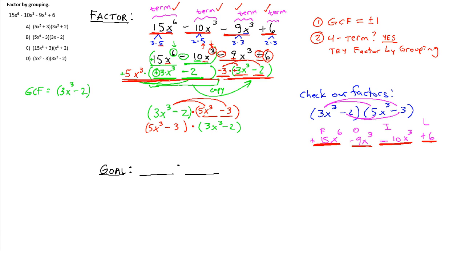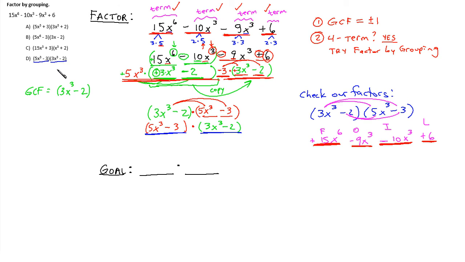So let's see which answers have our factors in them. Okay, we're looking for 5x cubed minus 3. Which ones have a factor of 5x cubed minus 3? I only see it in D, this factor. Now, which answers have 3x cubed minus 2? 3x cubed minus 2 is right here.